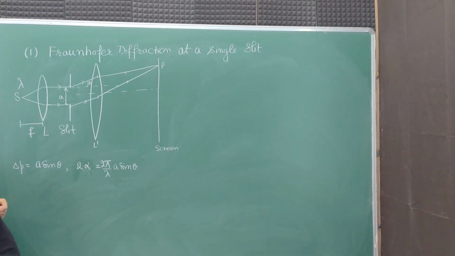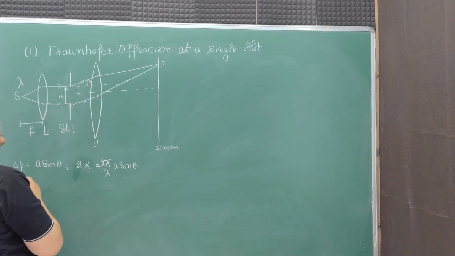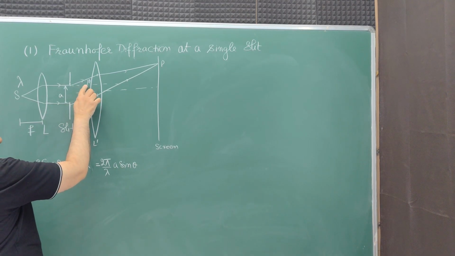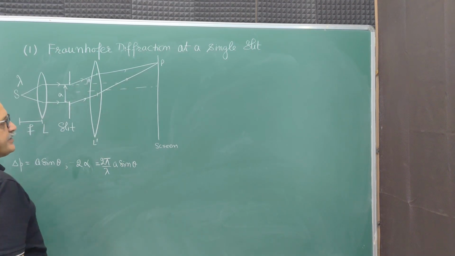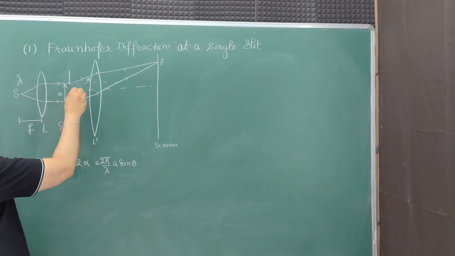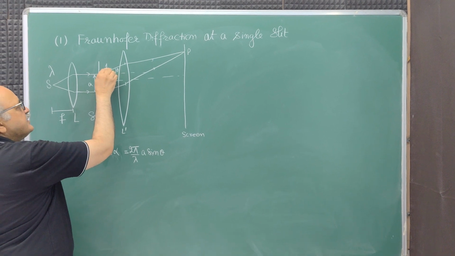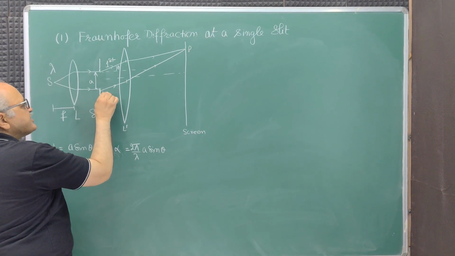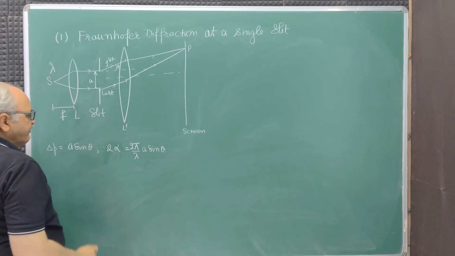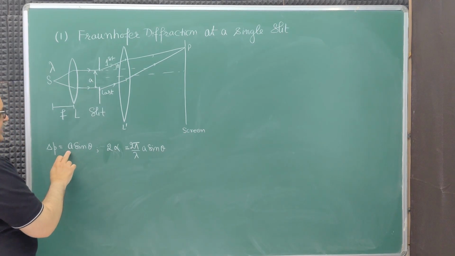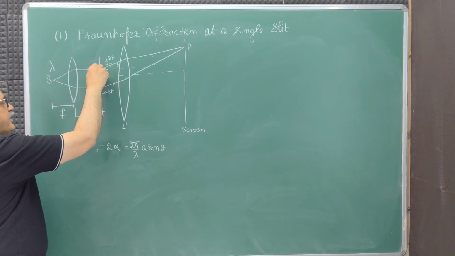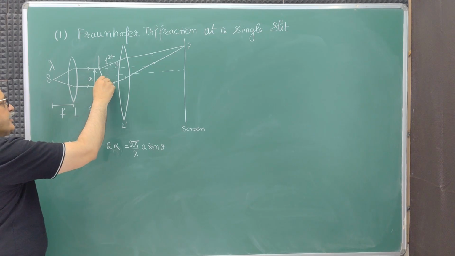So let's talk about the secondary wavelets proceeding at an angle theta with the central line. Now in this case, the path difference between the first and the last secondary wavelet is a sine of theta. This you can obtain by simply dropping a normal.